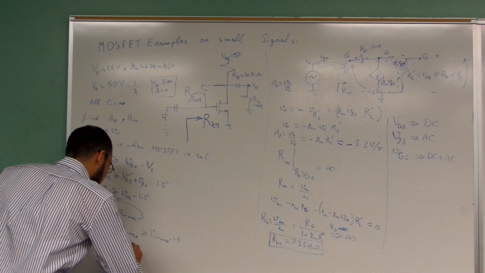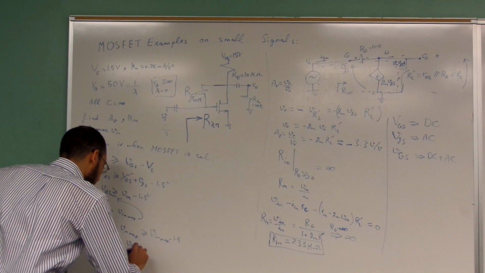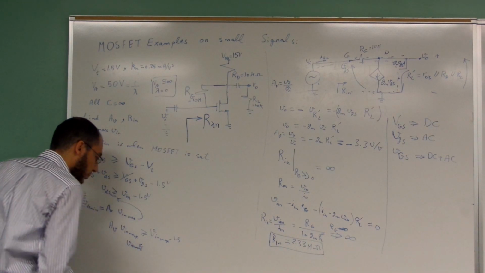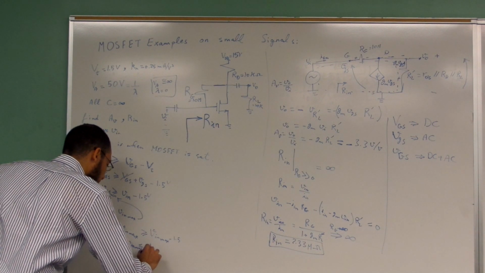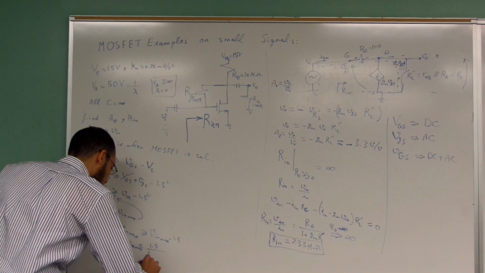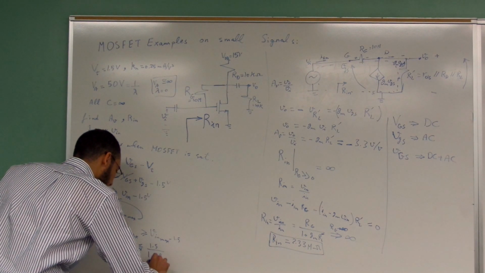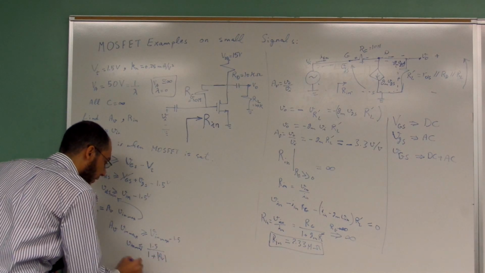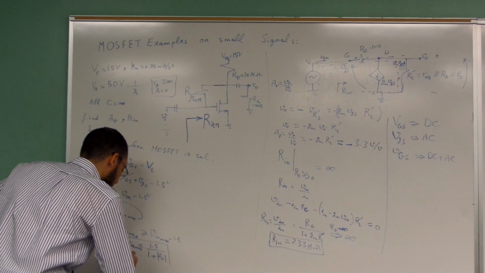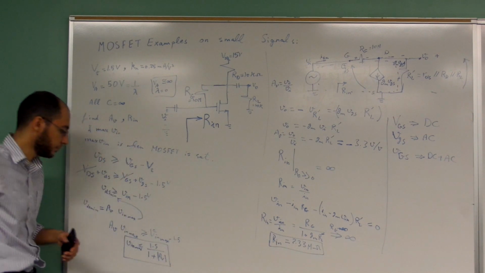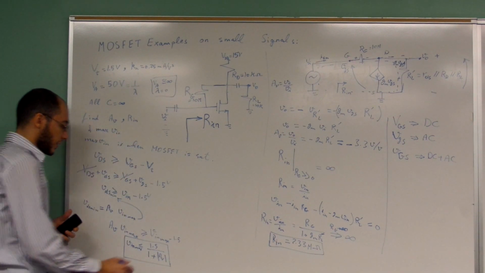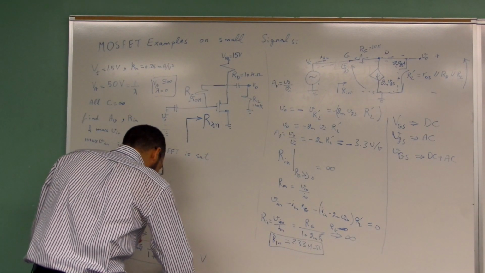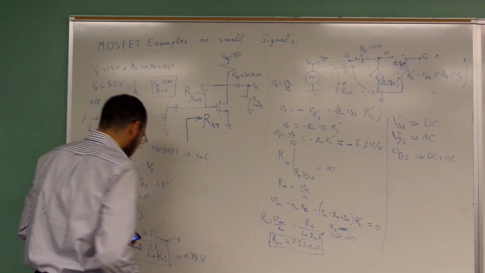So when you do the math, you find that Vin max has to be smaller than 1.5 over 1 plus the absolute value of AV. But since AV is negative, I could take the absolute value and write it in this form, which is equal to 0.35 volts.